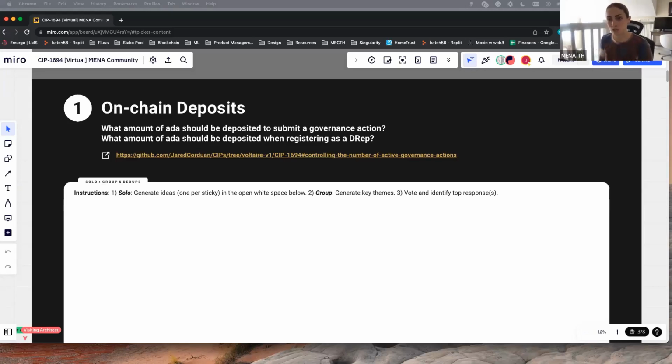There are updates to the constitution, so they want to add new updates to the constitution. There's a hard fork initiation, and this is an update to the entire network. There's protocol parameter changes. So for example, when we talk about stake pools, some thresholds are like the K parameter, which is the maximum amount of stake that a stake pool can have before it stops receiving rewards.